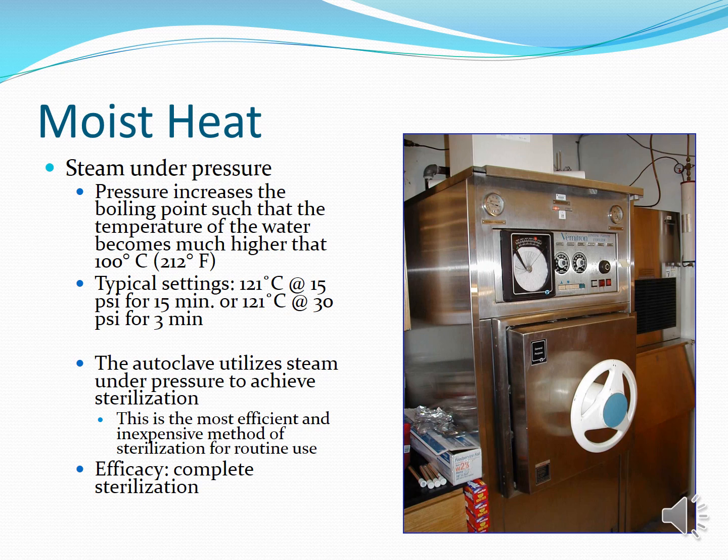The autoclave has a typical setting of 120 degrees Celsius at 15 psi, psi meaning pounds per square inch, for around 15 minutes, or around 121 degrees Celsius at 30 psi for 3 minutes. The autoclave uses steam under pressure to achieve sterilization. This is the most efficient and inexpensive method of sterilization for routine use. Here you have complete sterilization.